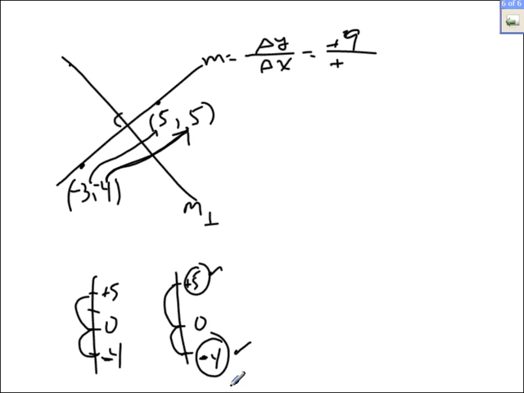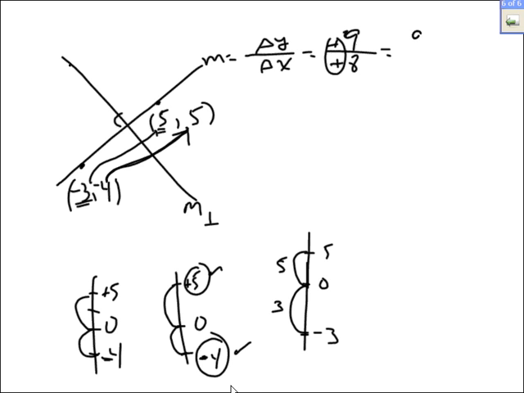The signs are different. Just add the absolute values, 3 and 5. You go from -3 to 5. Well, first you went up 3, and then you went up 5. 3 plus 5 is 8. Positive over positive is positive. You don't have to write it. So the slope is 9/8.